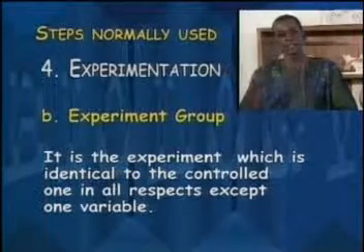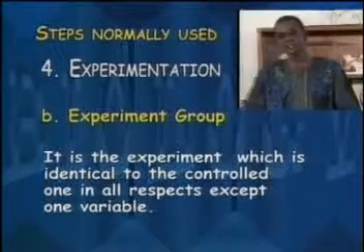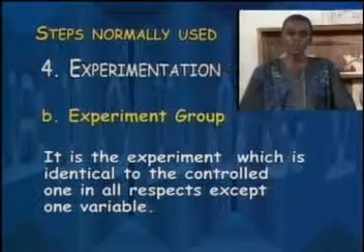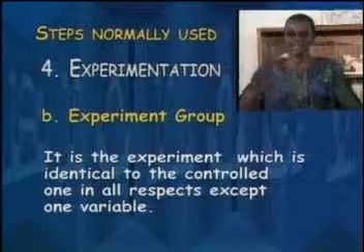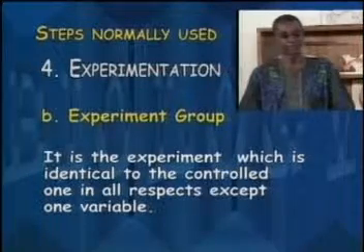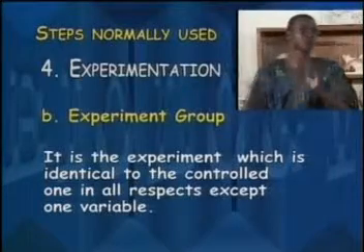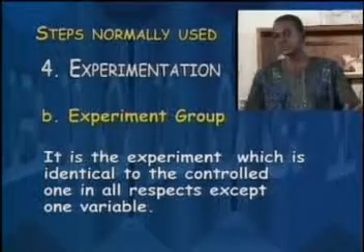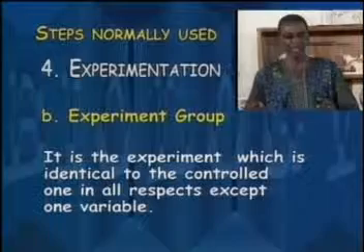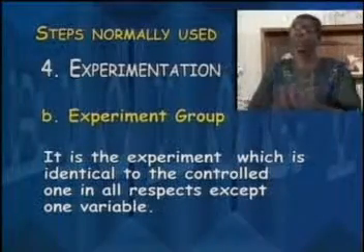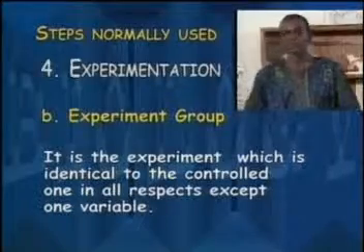The experiment group is the main experiment that you are performing. So it has almost all the variables except the one you are investigating. At the end of the experiment, you compare the experiment group with the control group, and you conclude your experiment. So every experiment has a control and has the main experiment that you perform.